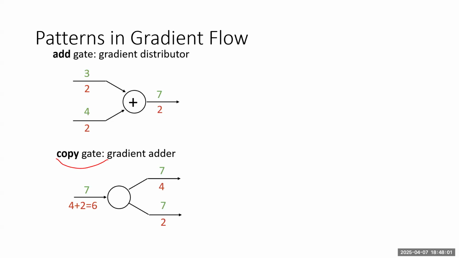If the same output is distributed over 2 branches, and the derivative of one branch is 4 and the derivative for the other branch is 2, the derivative here will be the sum of those. Again, this comes from the concept of the chain rule. The derivative of L with respect to H is the derivative of L with respect to H1 times the derivative of H1, plus the derivative of L with respect to H2 times the derivative of H2.